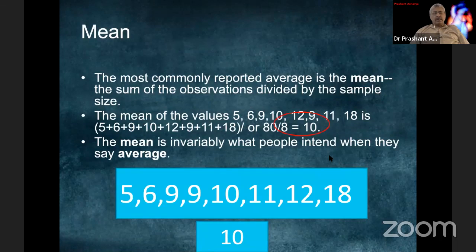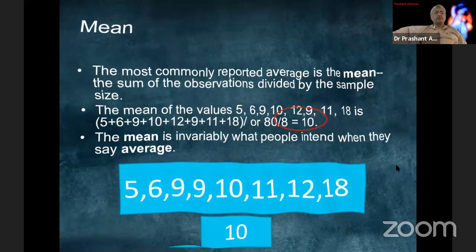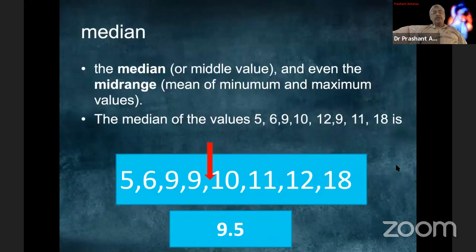Mean, you understand, you sum all the figures and divide by the total number, you get a mean. So we have taken as an example one group: 5, 6, 9, 9, 10, 11, 12, and 18. Here the mean is going to be 10. The same thing is median. It is not necessary that mean, mode, and median are going to be the same figure in the same group of figures.